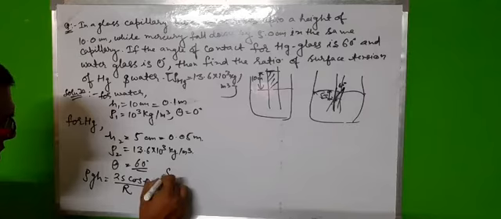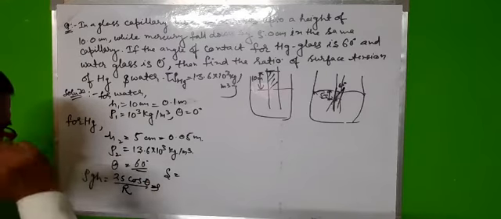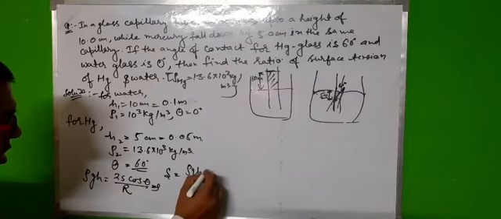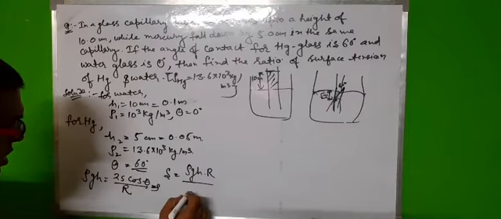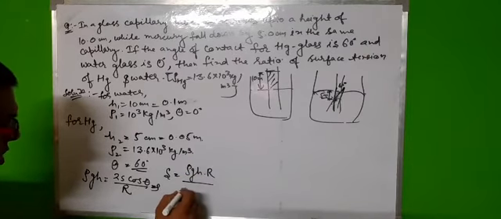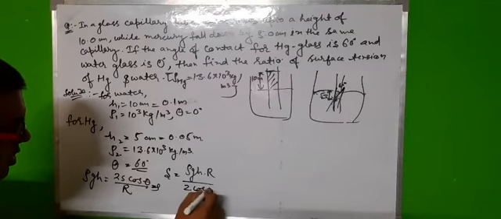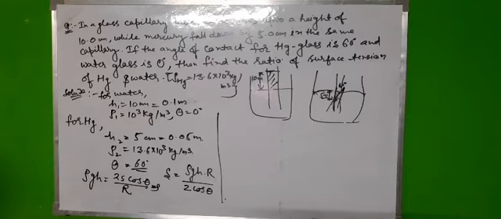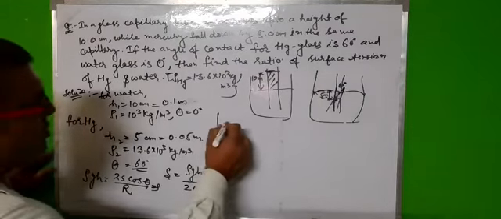So S is equal to rho GH into R upon 2 cos theta. Okay, so for water and for mercury, S1 we have to calculate.